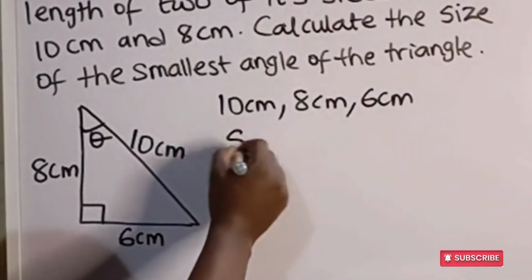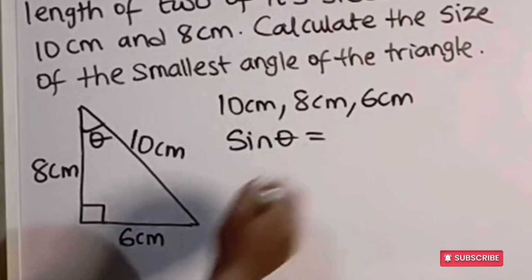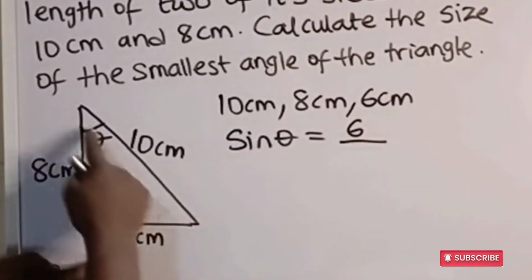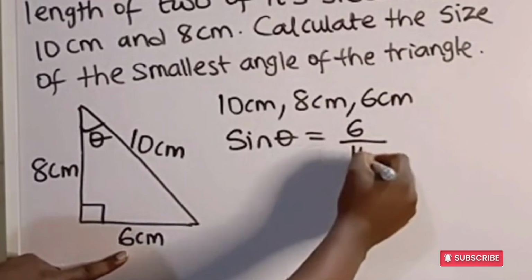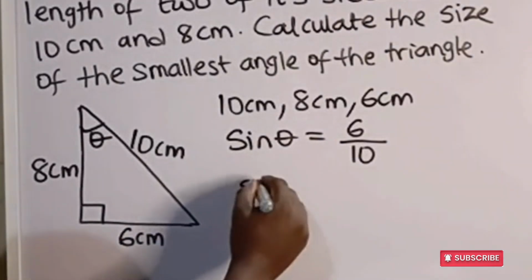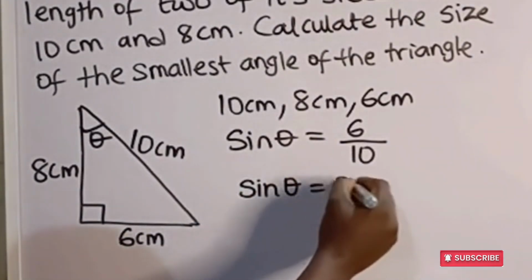So sine theta is equal to opposite, which is 6, divided by hypotenuse, which is 10. Okay. So 6 divided by 10 is going to give us 0.6. So we have sine theta is equal to 0.6.